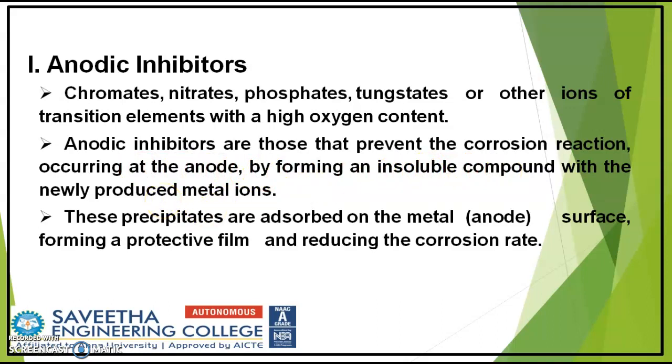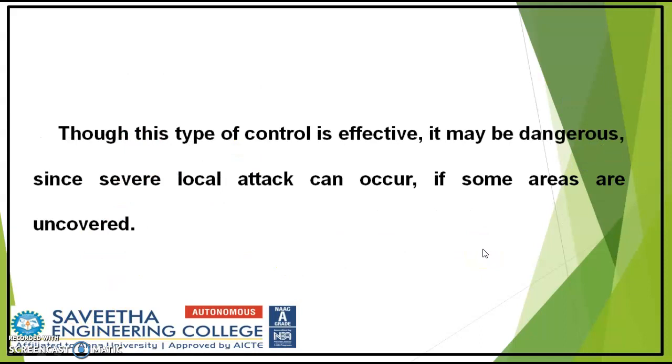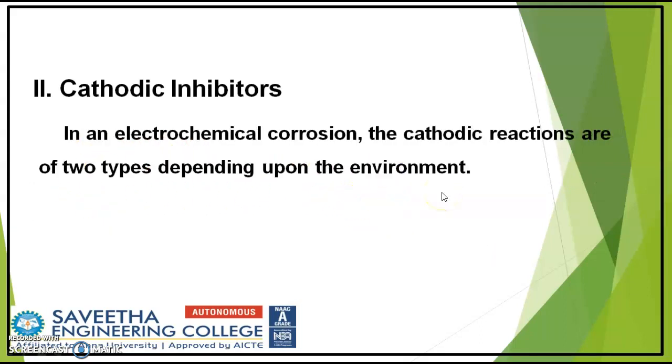These precipitates are adsorbed on the metal surface, forming a protective film and reducing the corrosion rate. Though this type of corrosion control is effective, it may be dangerous, since severe local attack can occur if some areas are uncovered. The next type is cathodic inhibitors.